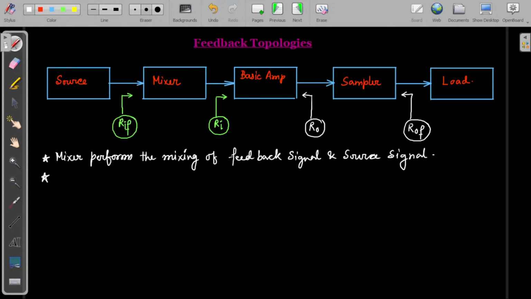So that means we can say that the mixer describes the input impedance of the total, or overall, feedback amplifier.